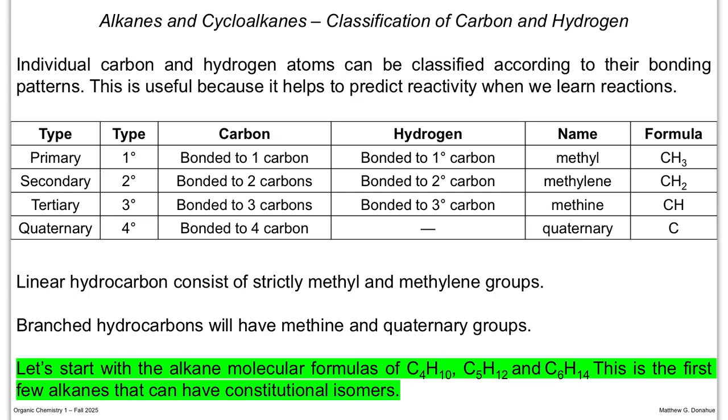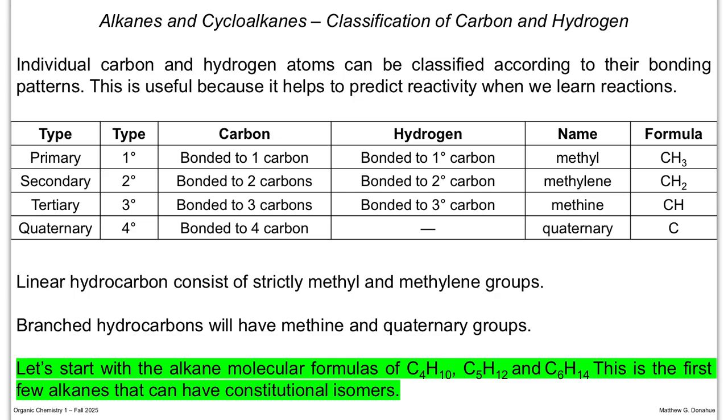In addition to identifying longest chains and substituents, we also want to start classifying things in terms of, for a carbon, how many other carbons are bonded to it? On a carbon, how many hydrogens are bonded to it?